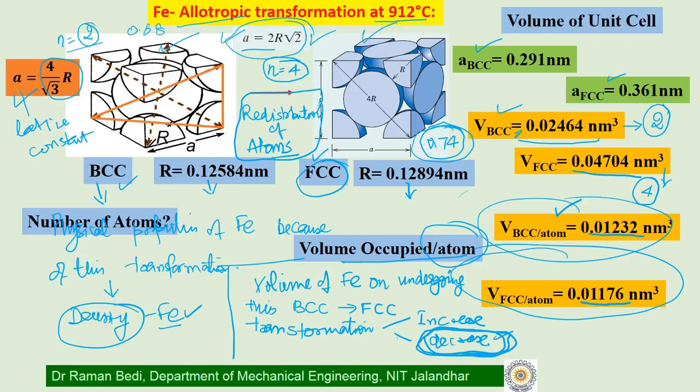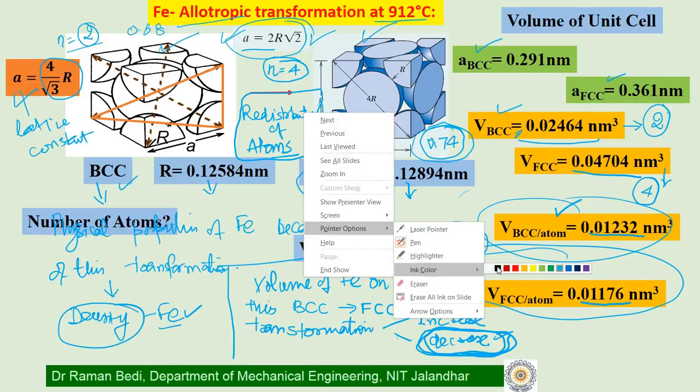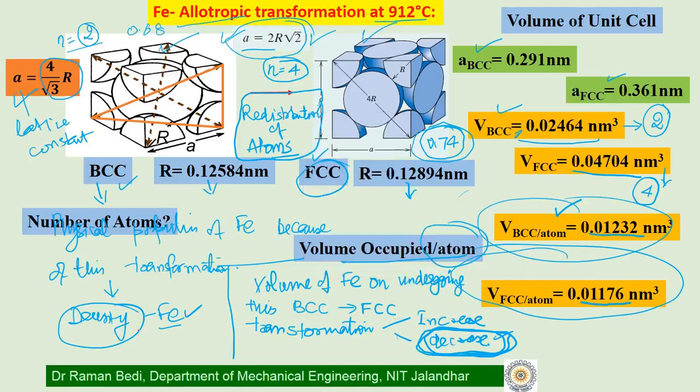If the volume is decreasing and density is mass per unit volume, this simple formulation tells me that the density of iron after undergoing an allotropic transformation from BCC to FCC will increase.